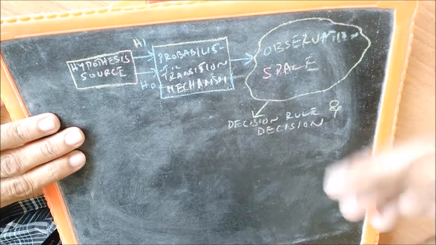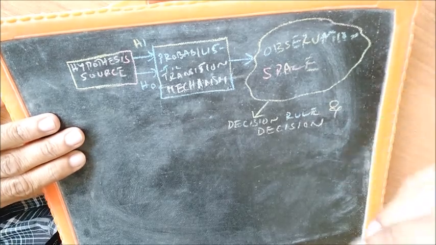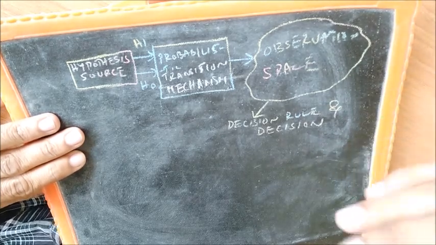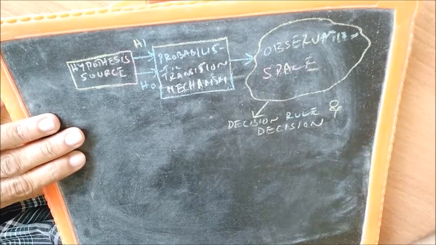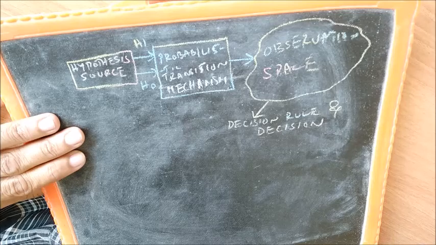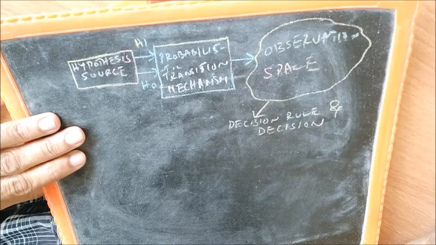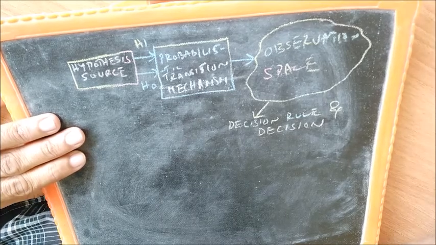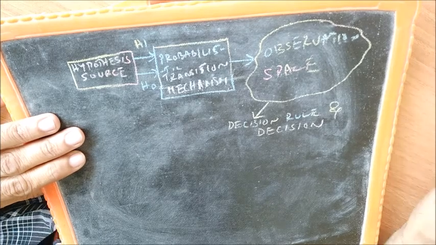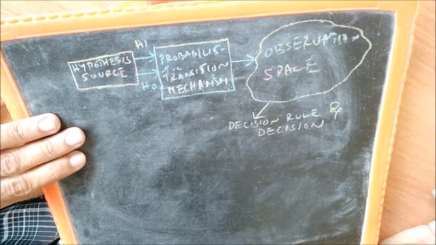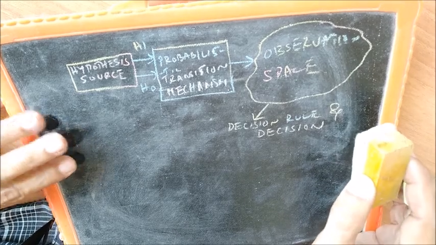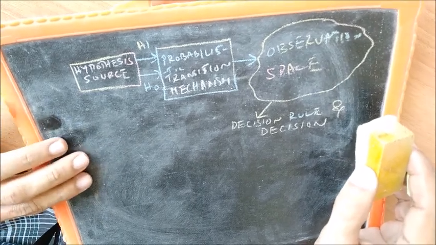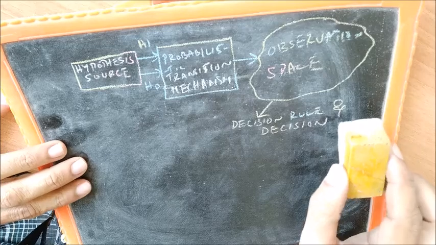A decision rule is formulated which looks into this observation space and takes a decision as to whether H1 or H0 was the hypothesis given out by the hypothesis source. Now let us delve into these blocks in some detail and try to understand what these blocks actually are in a real situation.